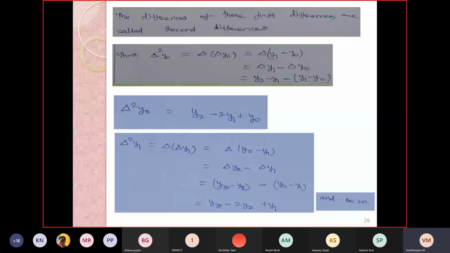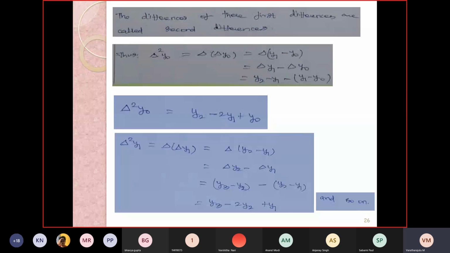We have to pronounce this as the second difference of y0, and accordingly we call delta cube y0 the third difference of y0. This is not the power of delta.